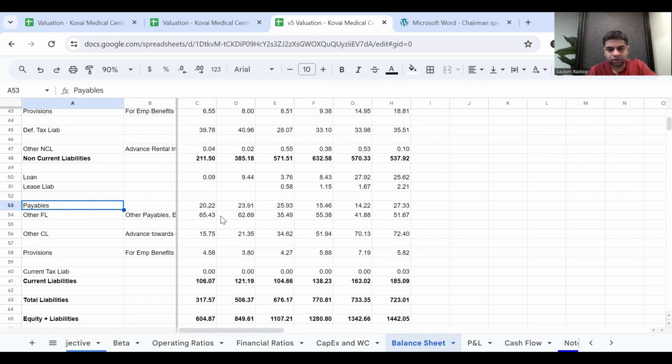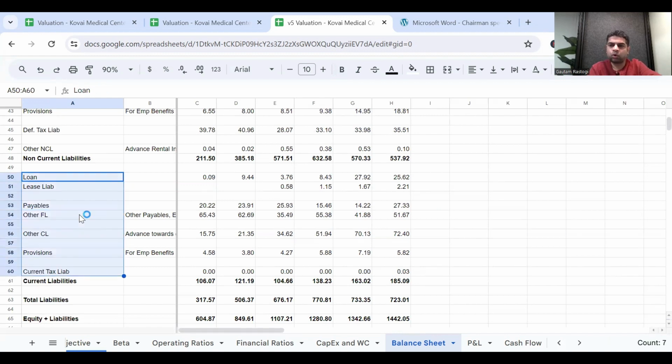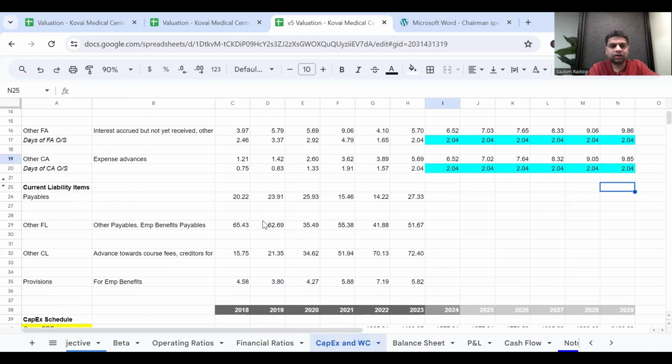So my first is payables. These 5 items make up my current liabilities. Actually, you have loan and lease liabilities as well, but loan we'll be treating separately. So first, let's go to the working capital schedule.